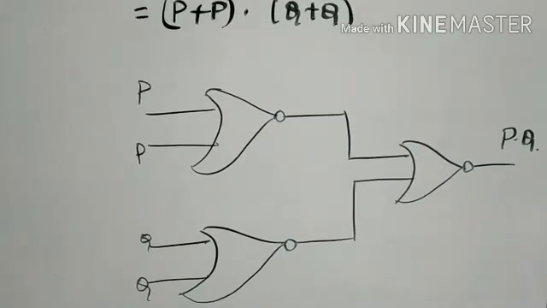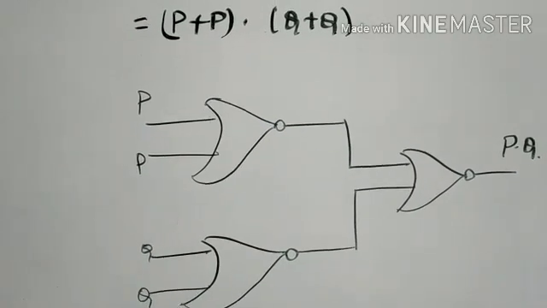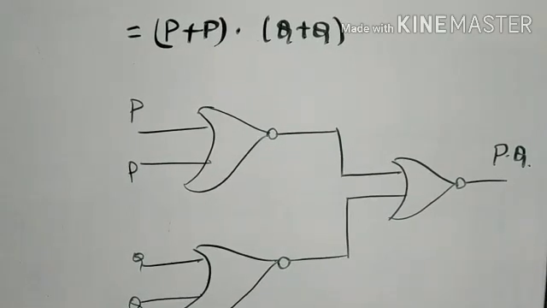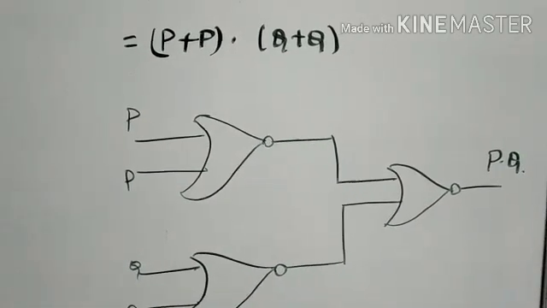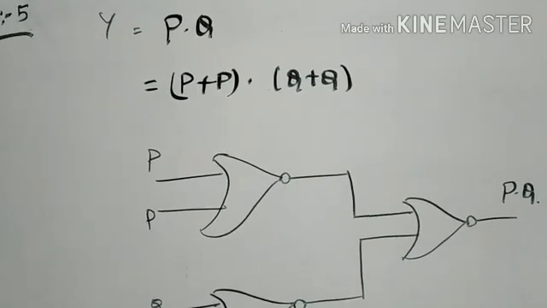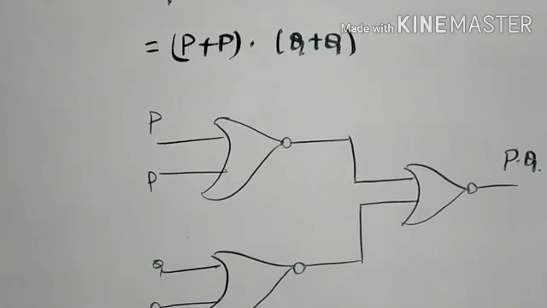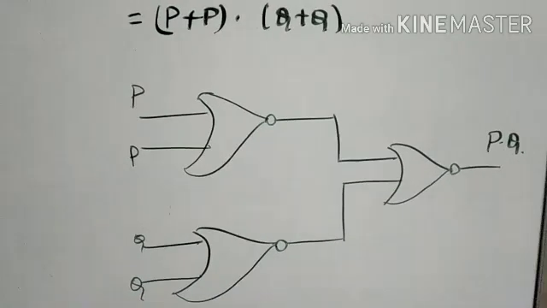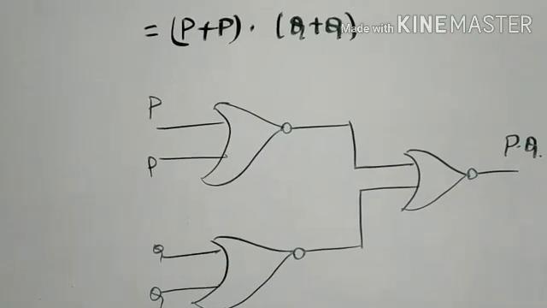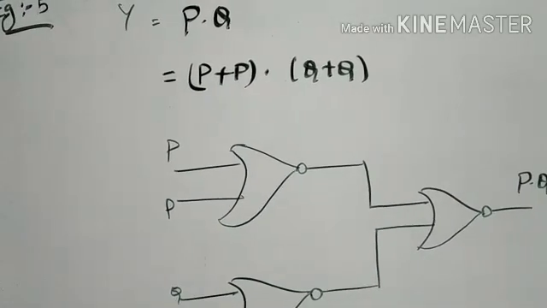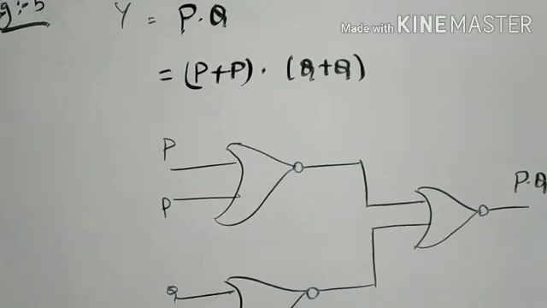These two outputs are connected to the third NOR gate in order to get the function as P dot Q, that is P and Q, right? This is our given function. Finally we obtained our given function by implementing it using 3 NOR gates, right? So the minimum number of NOR gates required to implement the given AND gate is 3 NOR gates, right?